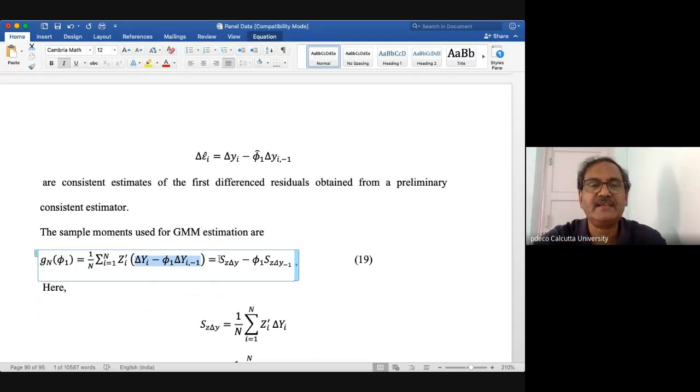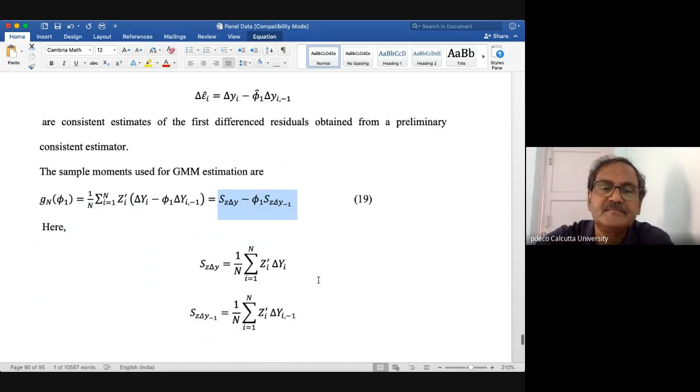Symbolically, let me write it in this form, where S z delta y means sum of zi prime into delta y divided by capital N, and S z delta y minus 1 means sum of zi prime delta yi minus 1 by N. Okay.